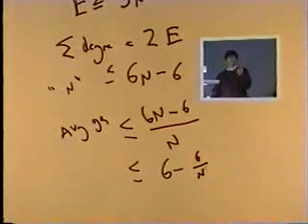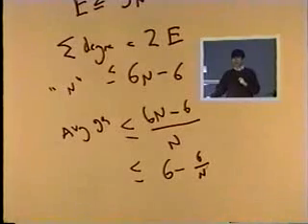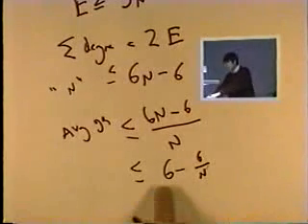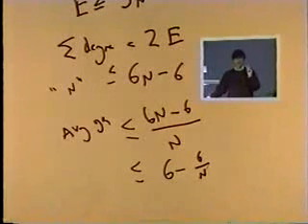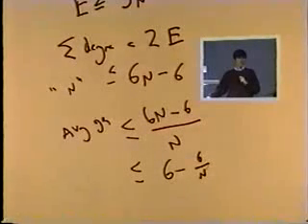Only a little bit less than 6, but less than 6. If the average degree is less than 6, somebody's got to be less than 6. Correct? And we live in a world where degrees are integers. Ka-chunk, somebody's got to be less than or equal to 5. Do you see that argument? It's an important point.